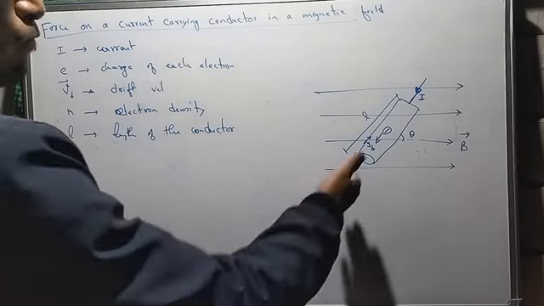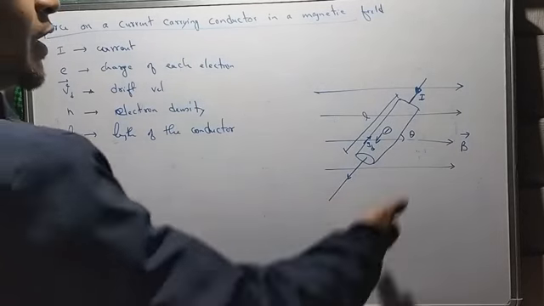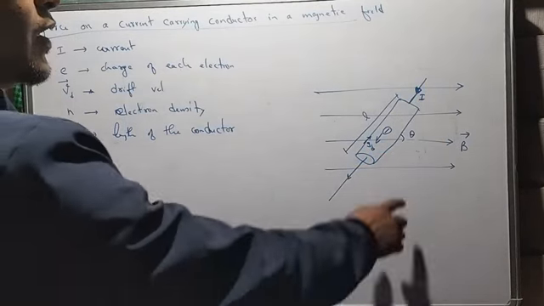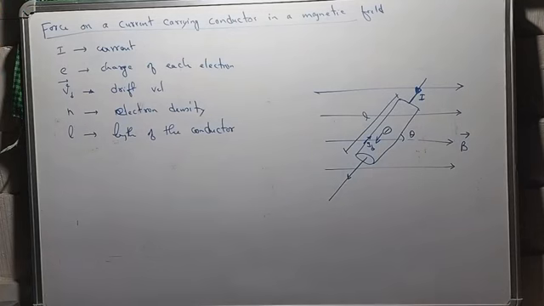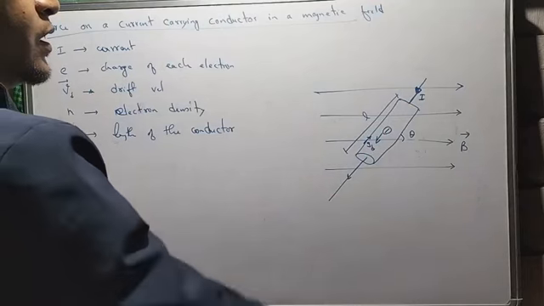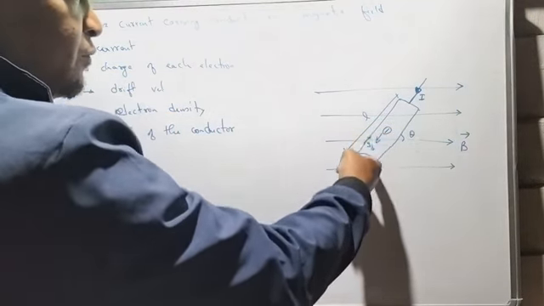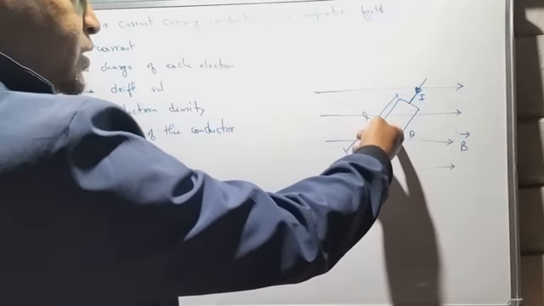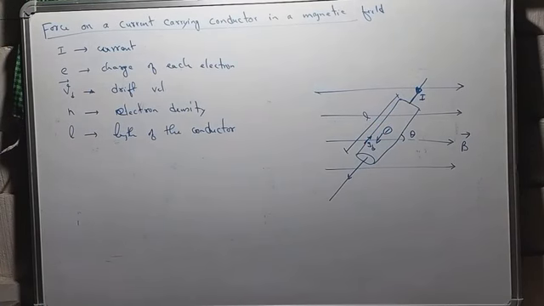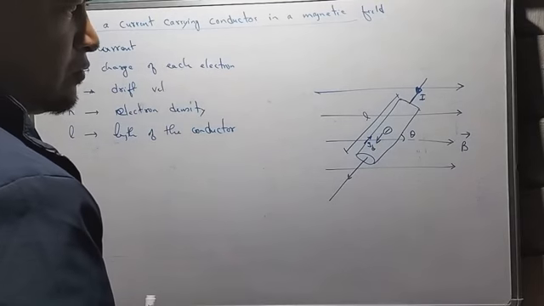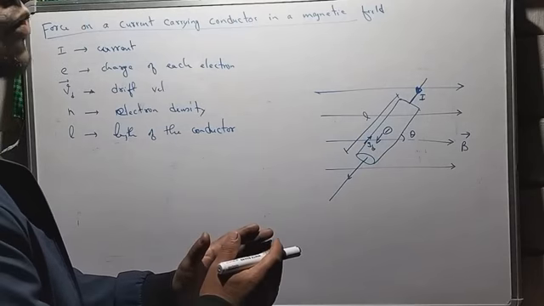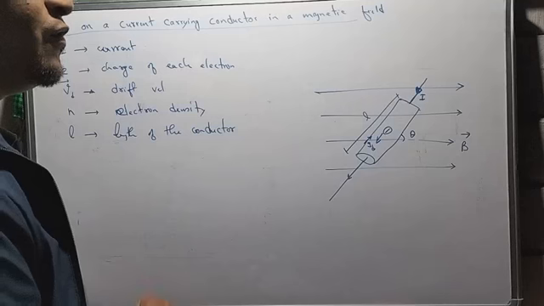So these are our considerations in this case. Now, as you can see in this figure, this conductor is placed in the magnetic field at an angle theta, and it carries a current I in this direction. So each free electron drifts with a drift velocity in this direction. Because the electron is a charged particle, when a conductor carrying current is placed in a magnetic field, you are exposing the electrons to the magnetic field.